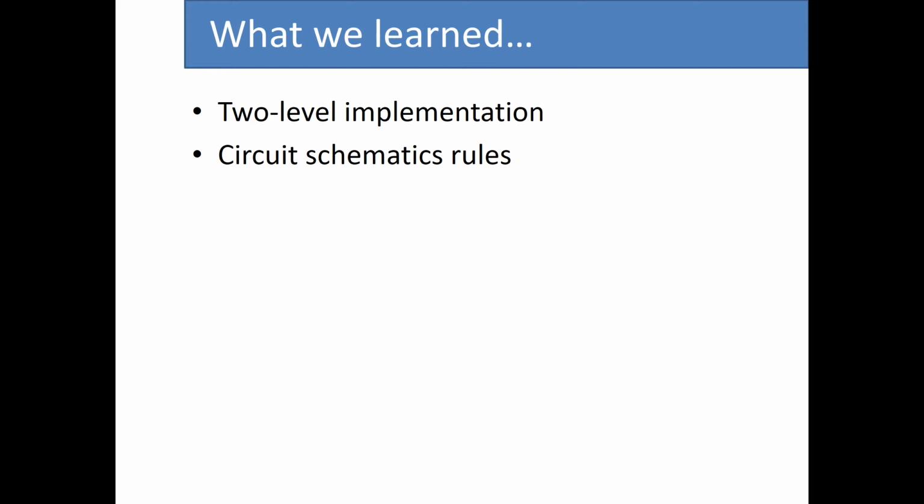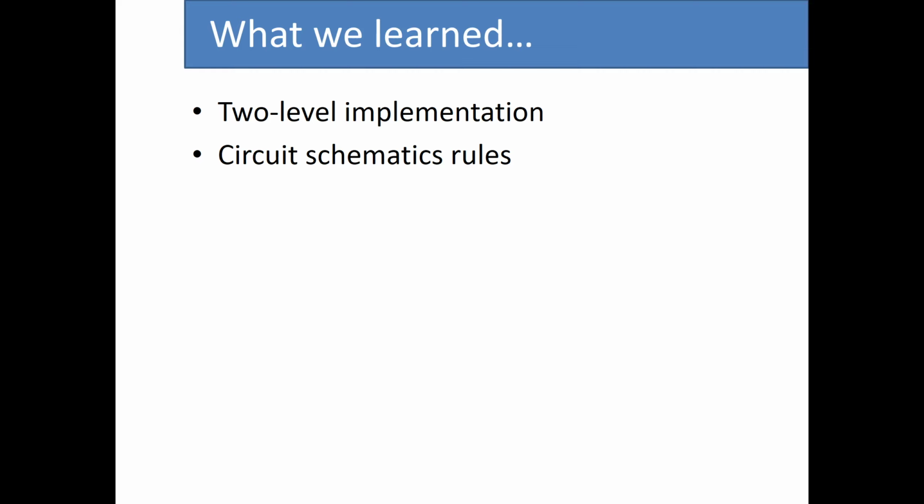So in this video, you got introduced to two-level implementation of Boolean equations. I showed you some examples of how you can implement a Boolean equation in sum of product form using some AND gates and one OR gate at the end.